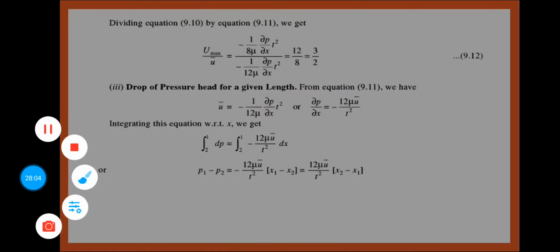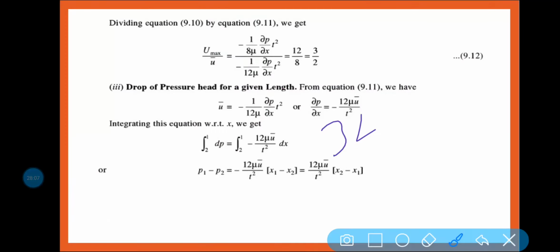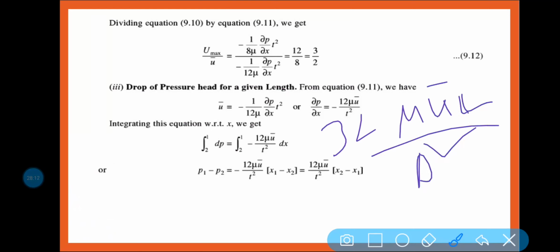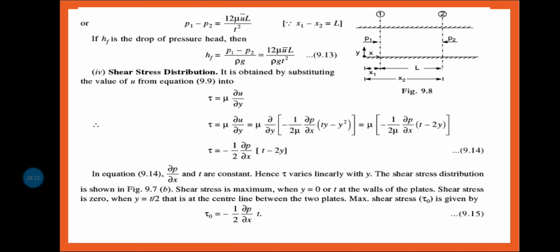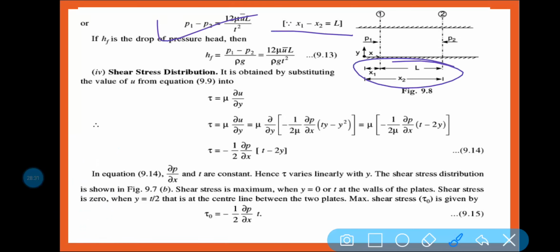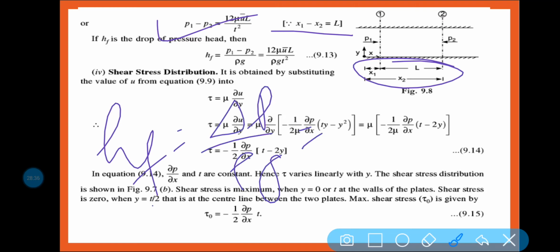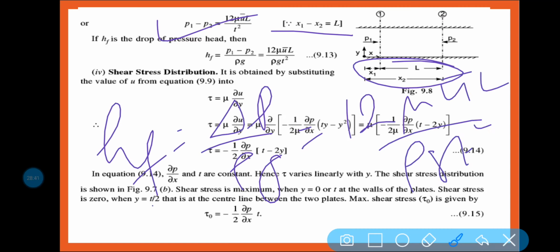For the circular pipe you have seen the pressure drop was 32 mu u bar L by d square. Here the pressure drop is equal to 12 mu u bar by t square into (x2 minus x1), and x2 minus x1 is equal to L. So HF is equal to del P by rho g, and del P is equal to 12 mu u bar L by t square.